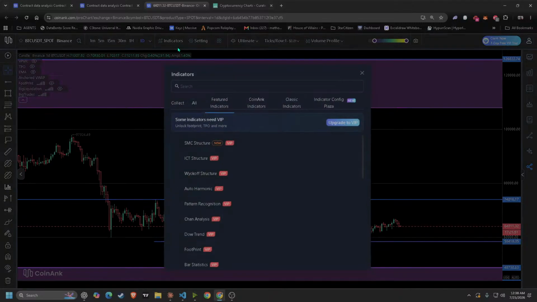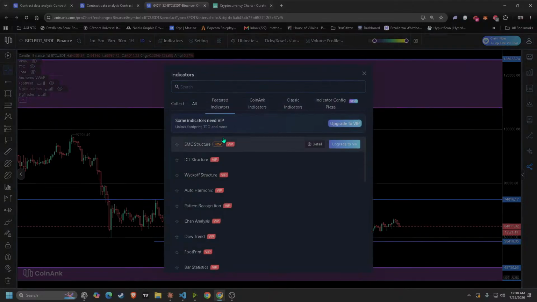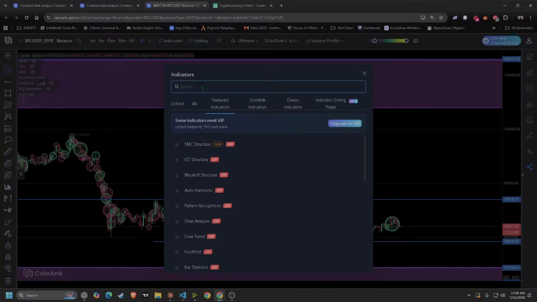Let's add a couple indicators. Yeah, I guess look at this. ICT structure. People are using his structure and his names. Good for him.